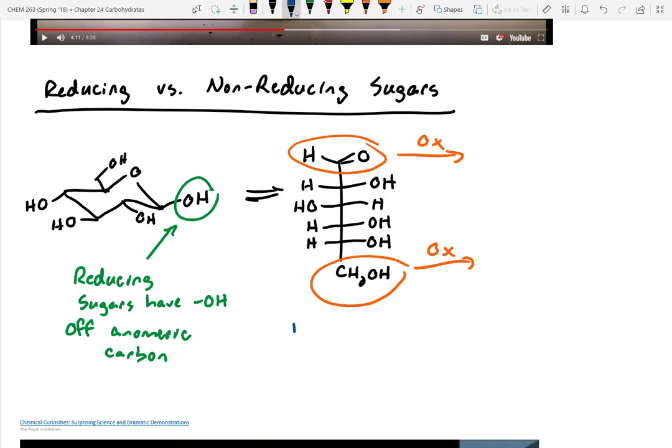So if glucose is oxidized, it is acting as a reducing agent, right? So this is going way back to Gen Chem and even Chem 110, I think we talked about this. So if glucose is oxidized, it is acting as a reducing agent.